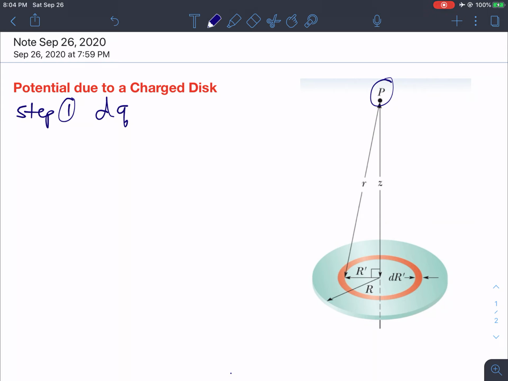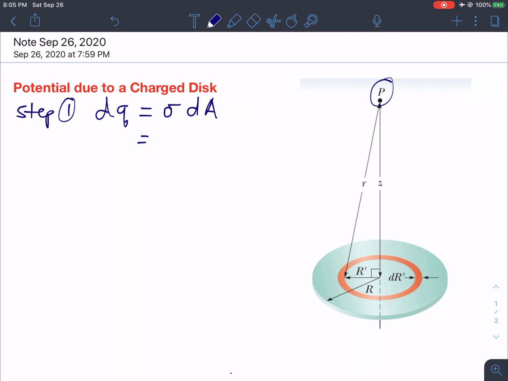But it has a thickness, and that thickness, as you can see on the figure, is given as dr prime. That's the thickness, and r prime is the radius. So again, writing this infinitesimally small charge, dq is equal to sigma dA. So this dA is the area of the ring. So we need to think about that and write that in more detail.